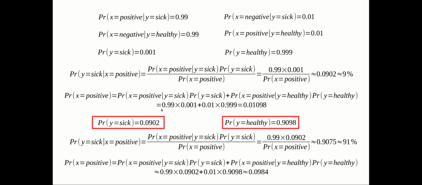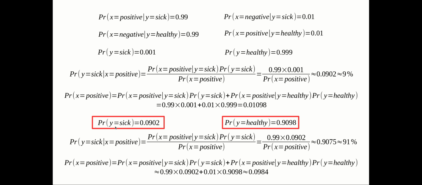So for your second calculation, if the test result is still positive, you have to change the prior, the prior for your hypothesis that you are actually sick. For the first calculation, the prior that you are actually sick is 1 over 1,000. But for the second test, if it's independent, you have to use the posterior of your previous calculation, which is actually 9%, to replace the 1 over 1,000.